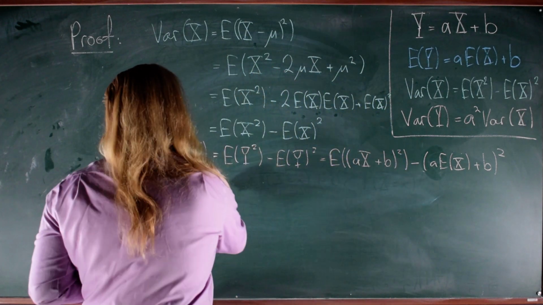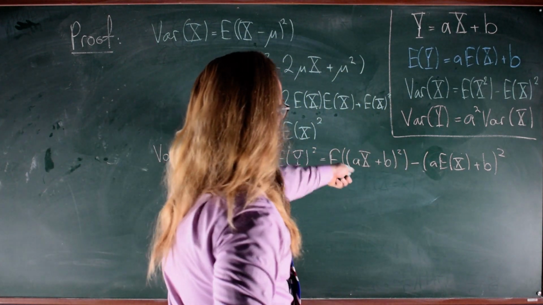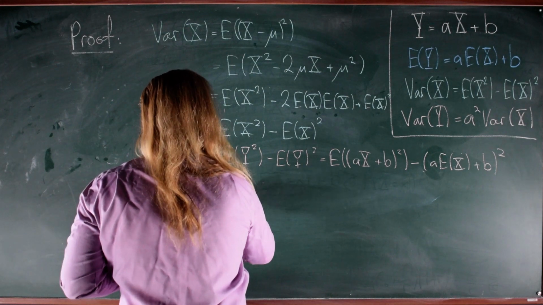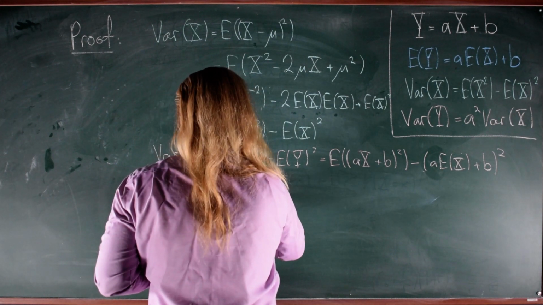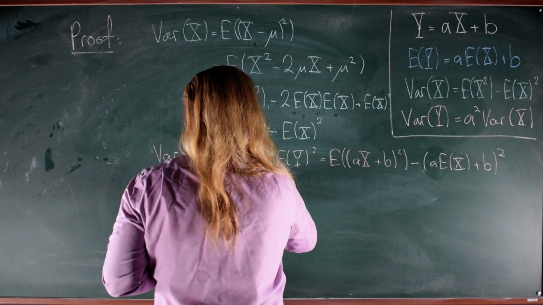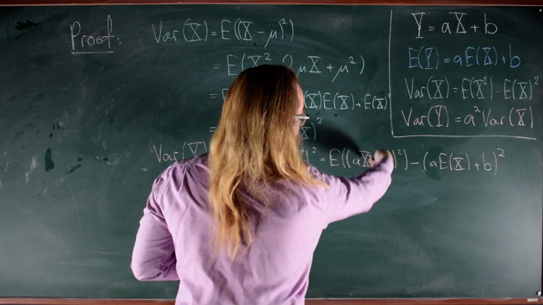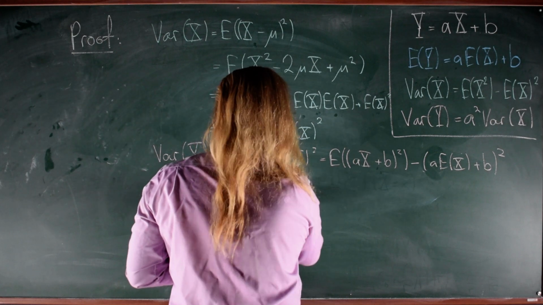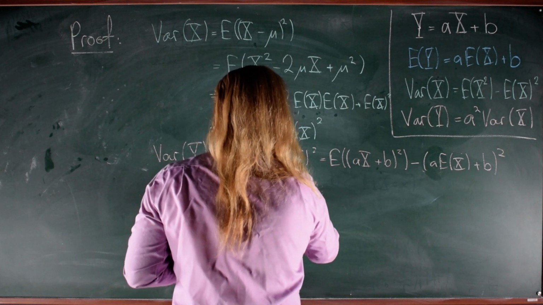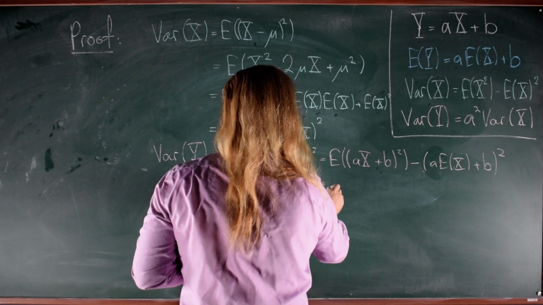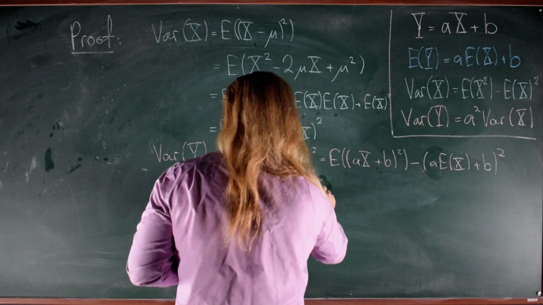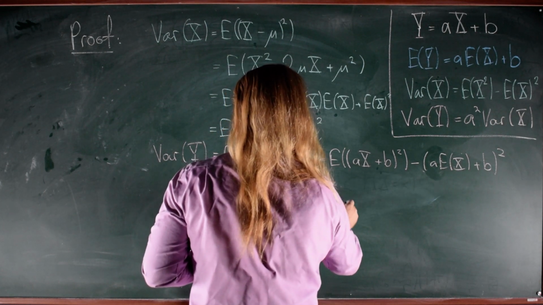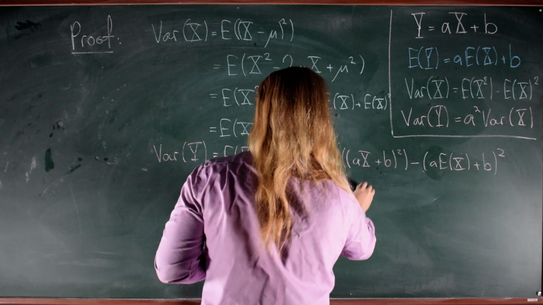Alright? So let's take the first one here. We get the expected value of a squared x squared. Again, we're taking the square of a sum, so we can expand that into this: plus 2 times a times b times x plus b squared.